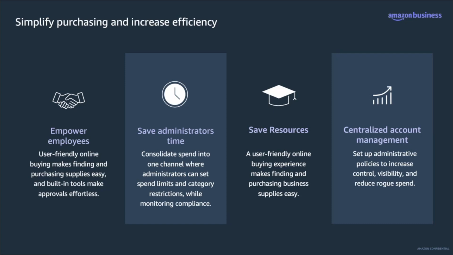That's through the built-in controls and policies that just require minimal intervention on a day-to-day basis. But especially when talking about integration, it's an automated flow of data between Amazon Business and Microsoft Dynamics, following all of the approval flows and everything that you have set up already in Microsoft Dynamics.